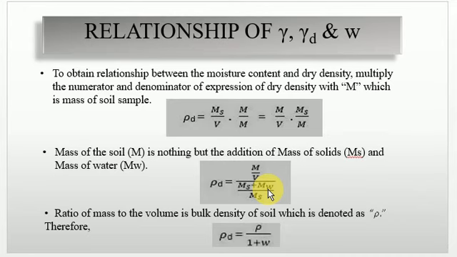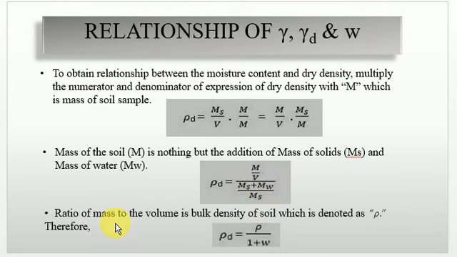We cannot get the mass of air, so we neglect it because it will be 0. So the equation becomes M over V divided by (Ms plus Mw) over Ms.